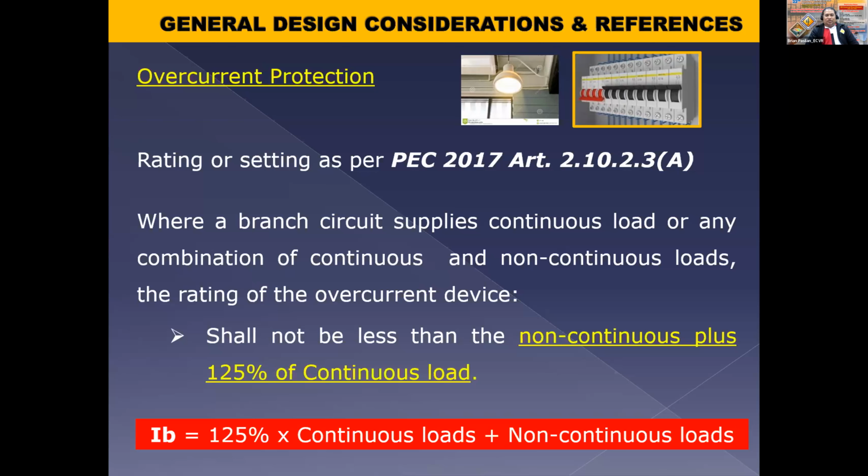But basically this is our consideration. For lighting and outlet circuits, we can match the circuit protection, since the same equation is used. For best practice, I just match the ampacity of the conductor with that of our circuit breaker.